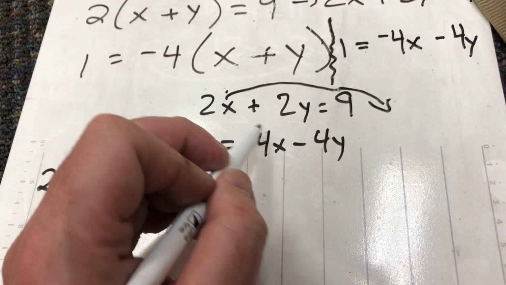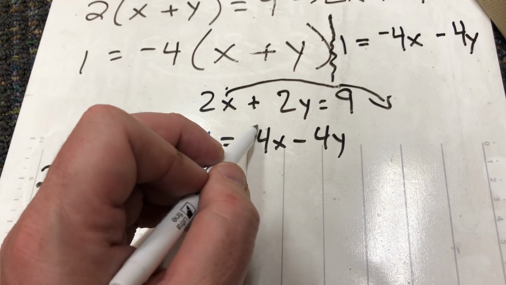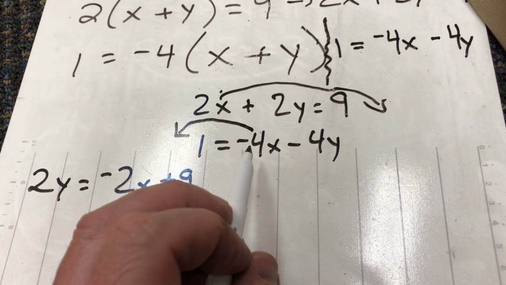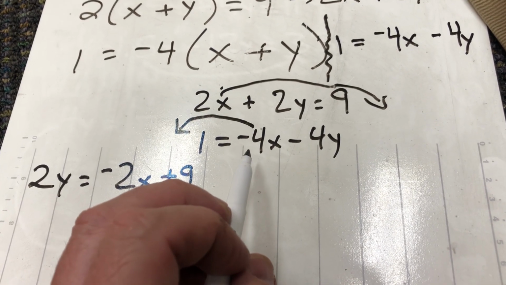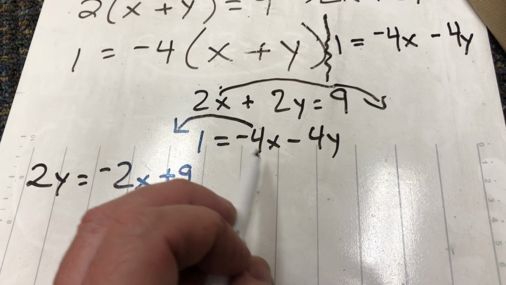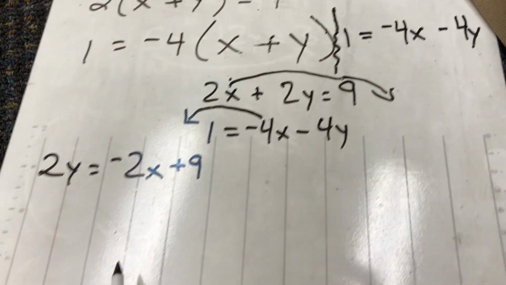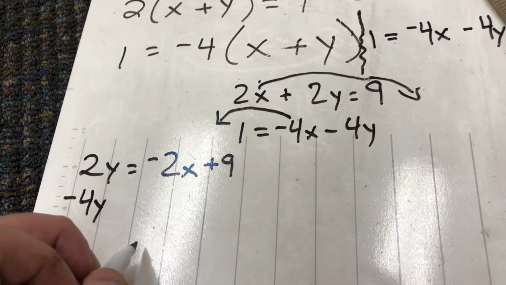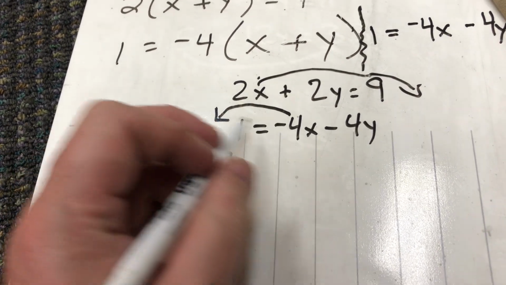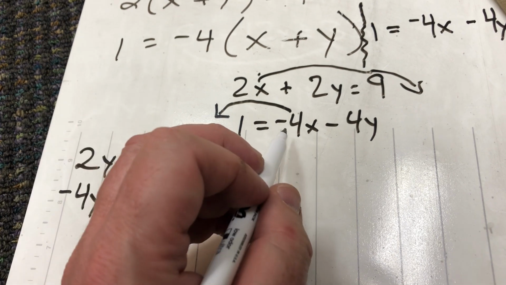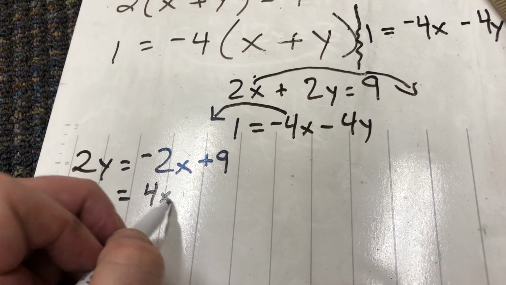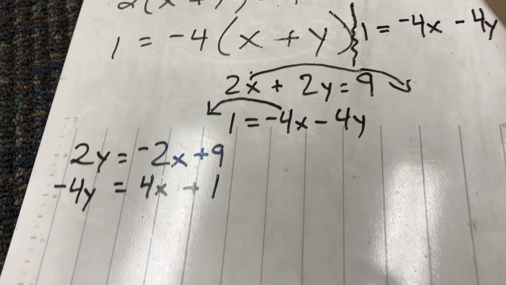For this one here, I want to get the negative 4y by itself. So I'm going to bring the negative 4x over by adding 4x to both sides. Negative 4 plus 4 is nothing. So that leaves me with negative 4y equals a positive 4x plus 1.